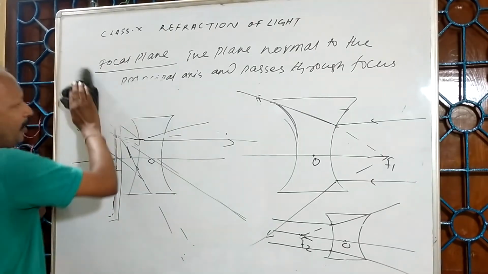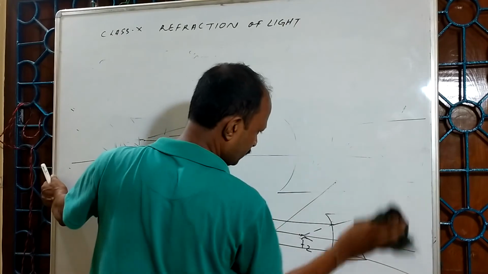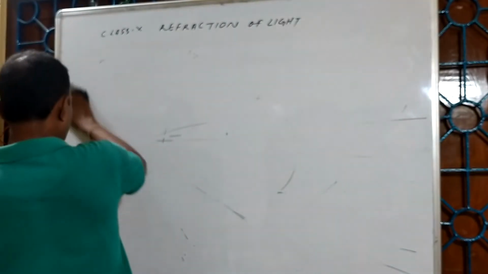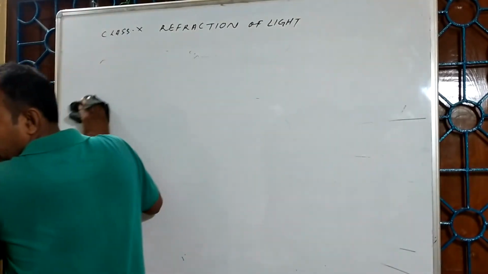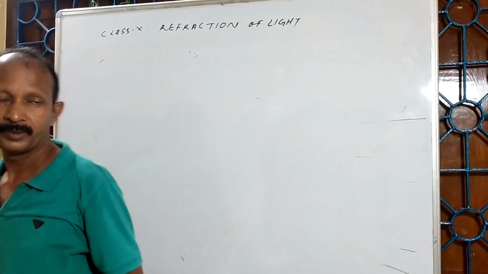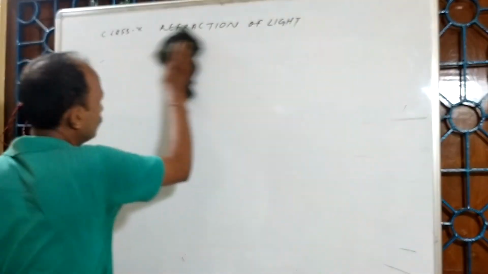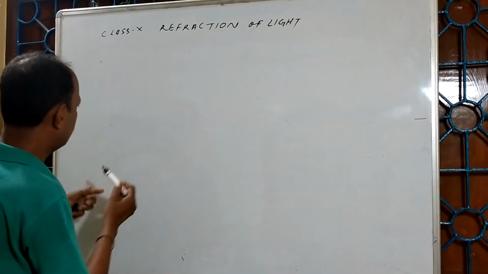Now, one more point I would like to tell you, how the refraction takes place through biconcave and biconvex lenses. Okay. Just I shall tell you, later we will discuss more about this in the next video. Just you see that.